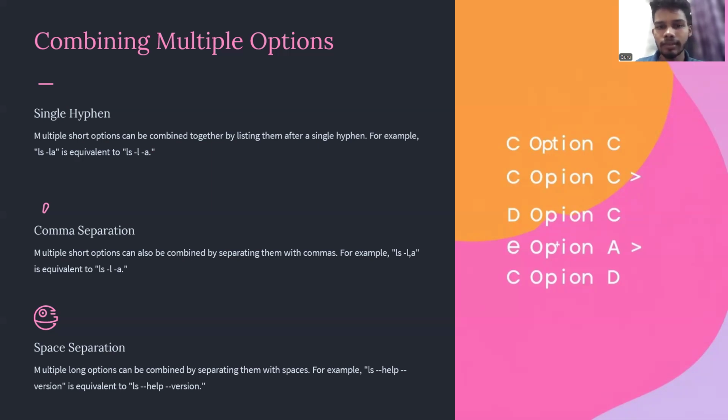For example, ls -la is equal to ls -l -a. With space separation, multiple long options can be combined by separating them with spaces. For example, ls --help --version. This is used for checking the version of the software.